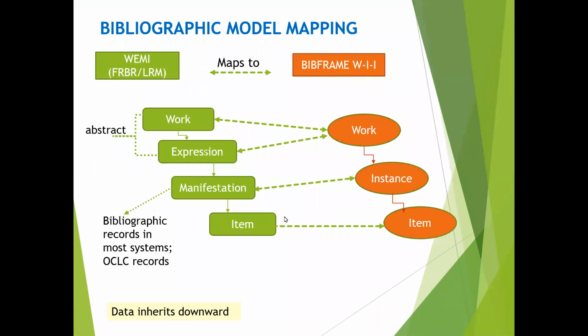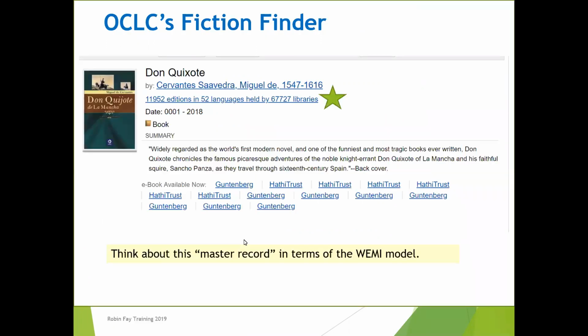So I talked a tiny bit, we hadn't talked too much about the WEMI model, but I did mention this earlier. When we first started looking at how we were going to think about our data in a different way, a decision was made by a committee that we would break our bibliographic data down, until we get down to the item aspect of it. So the work would be that master record approach like we saw with Don Quixote.